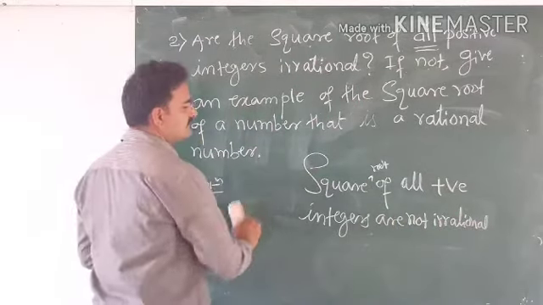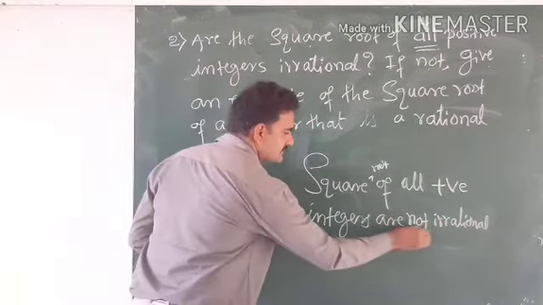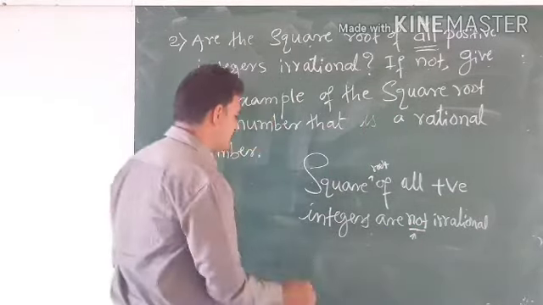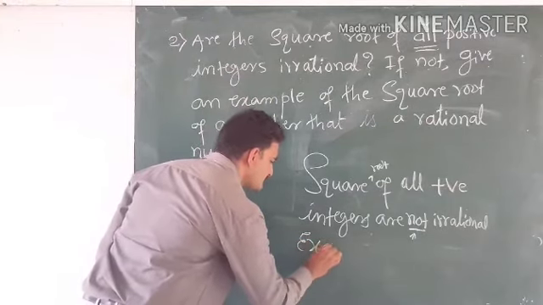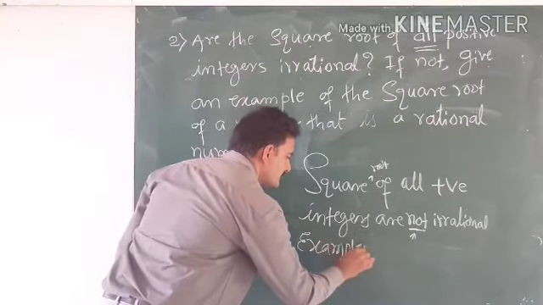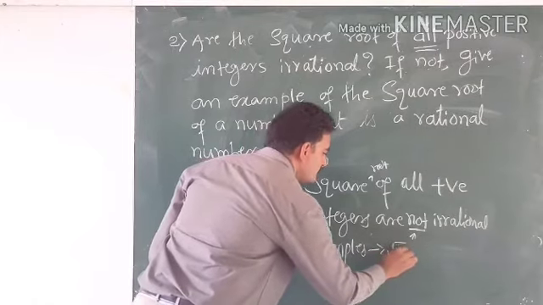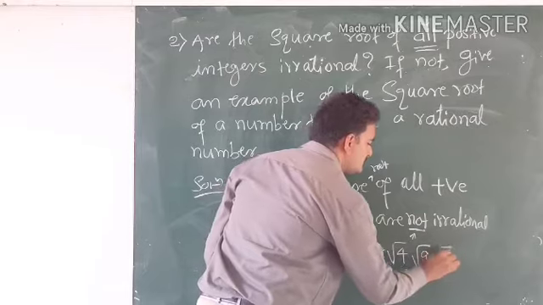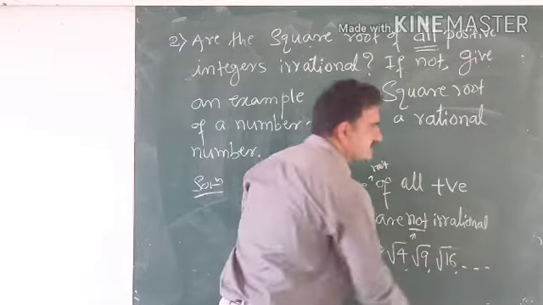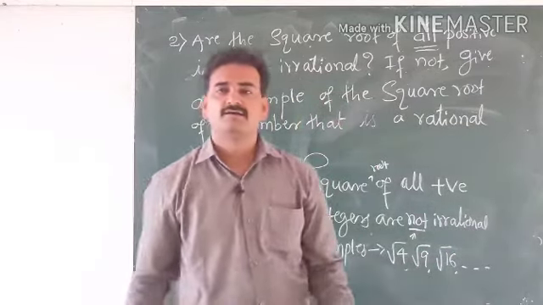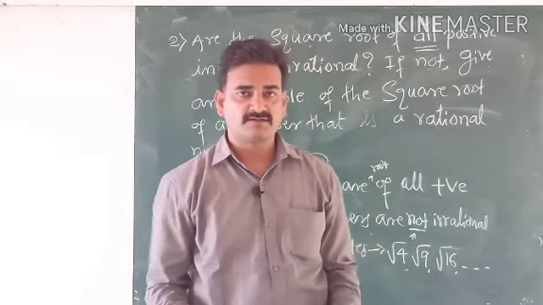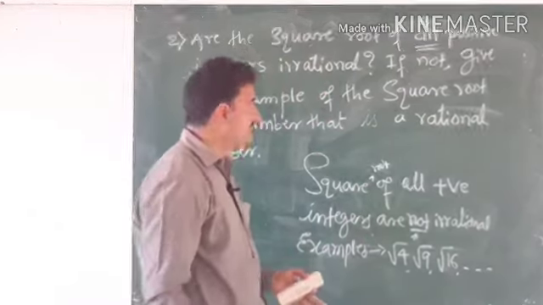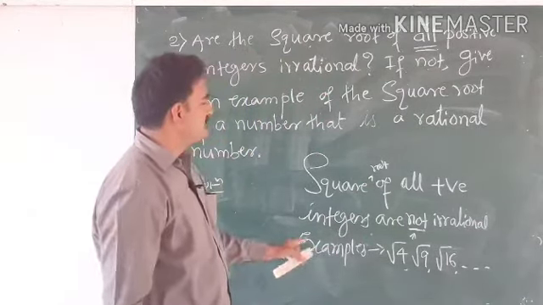If not, give an example. Examples are root 4, root 9, root 16, so many are there, root 25, root 36, root 81. So this is the way we understood this problem.